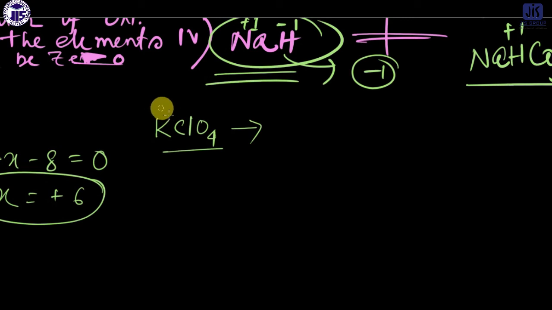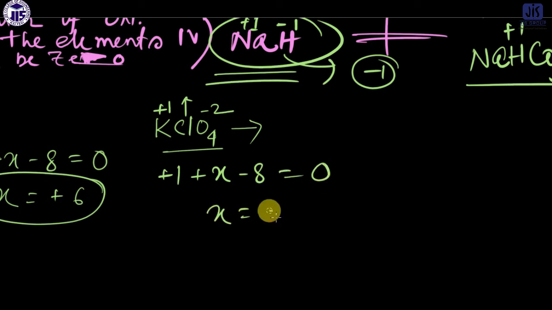First of all, potassium is an alkali metal, so it will be +1. We have to determine the oxidation number for Cl, and oxygen is -2. So +1 plus x plus 4 times -2, that is -8, equals 0. So x equals +7.